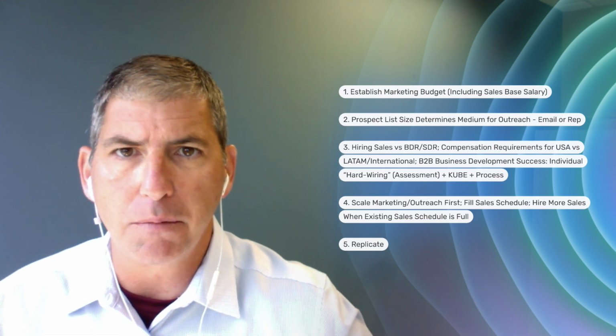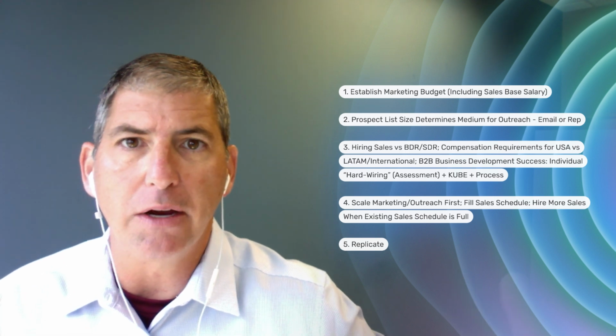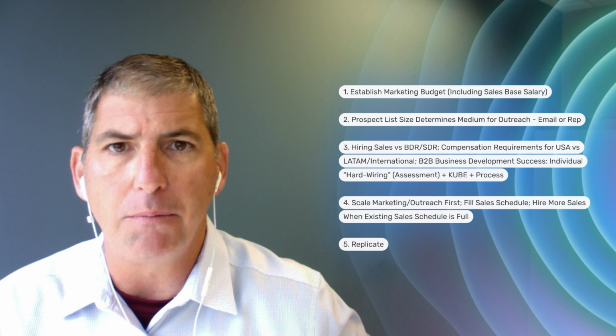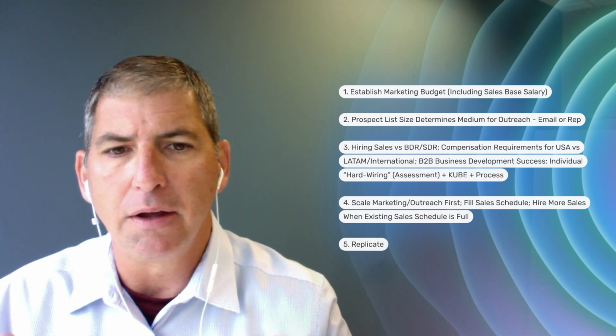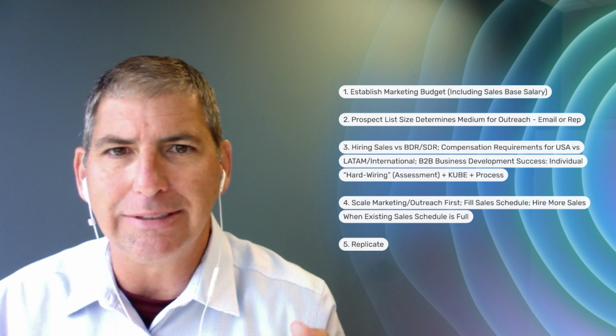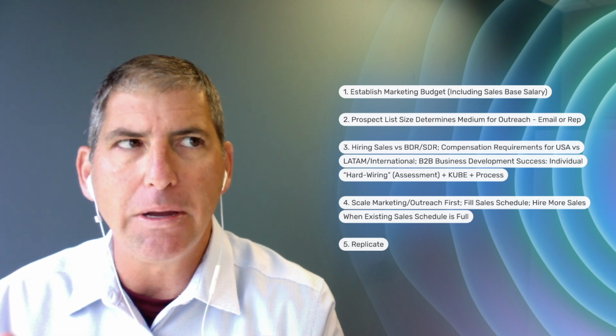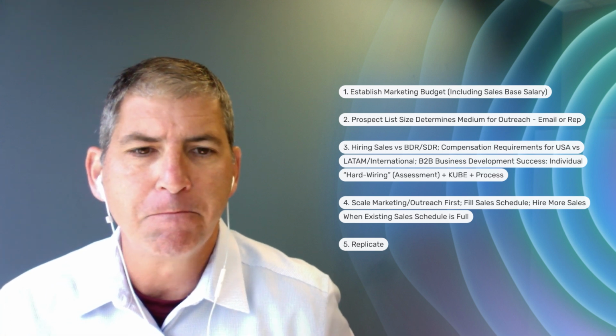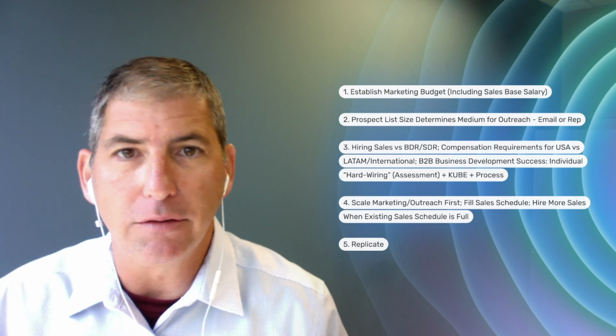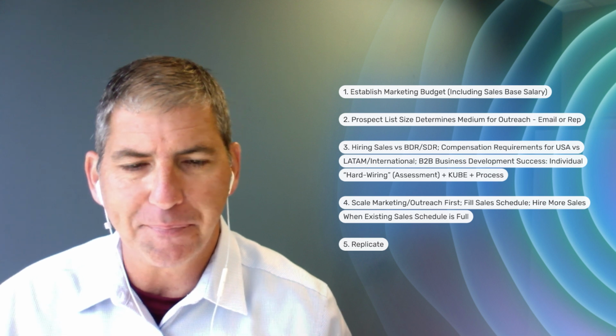A dedicated rep who does nothing but find decision makers, gather intel, identify pain points and low-hanging fruit, and move them to scheduled calls for you. The prospect list dictates the recommended medium for how you start your business development and marketing as a company. That also depends upon budget.